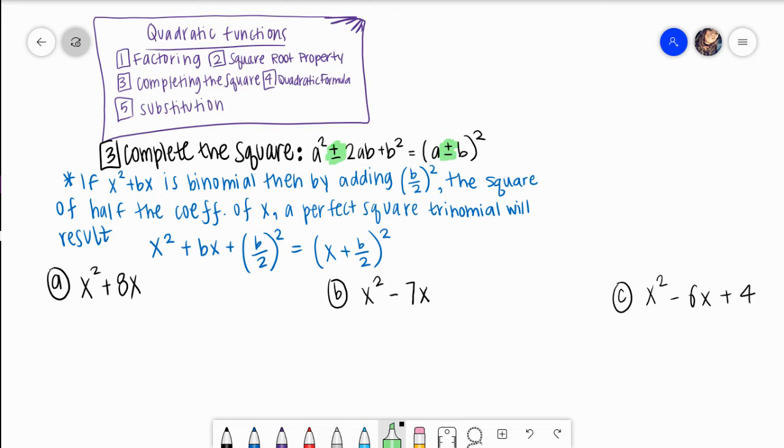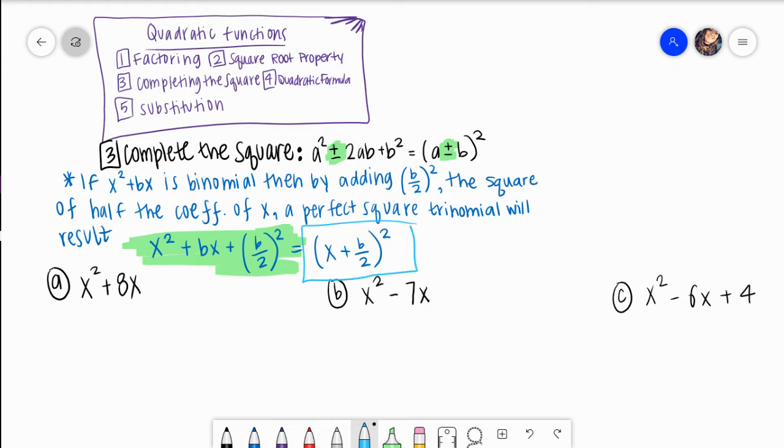Our formula at the bottom is a perfect square trinomial, and it has the x squared plus bx on the left. That's what we started with. So if we take that coefficient, that's our b, cut it in half, and then square it, we will be able to write it in this way.